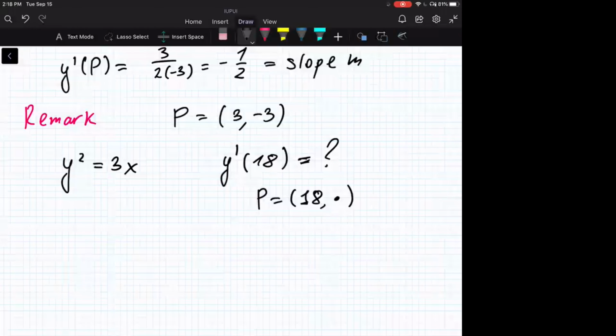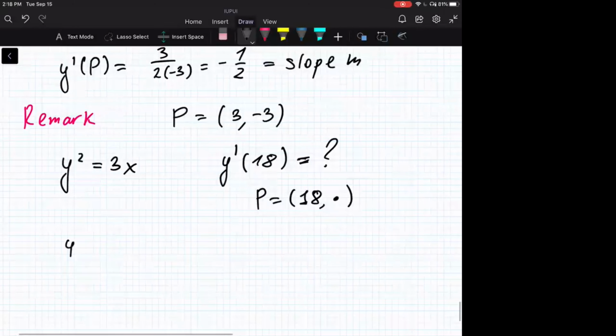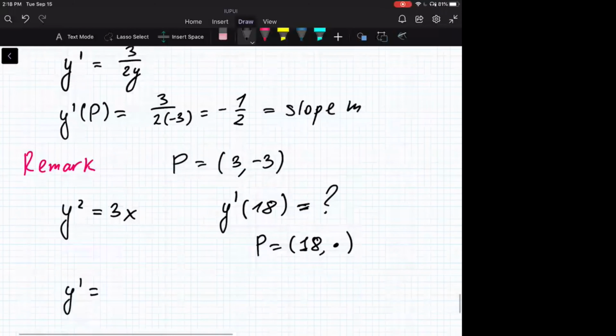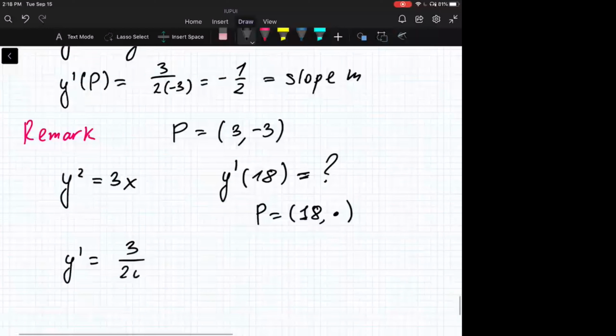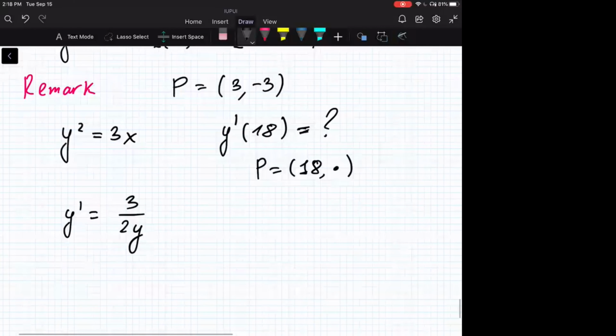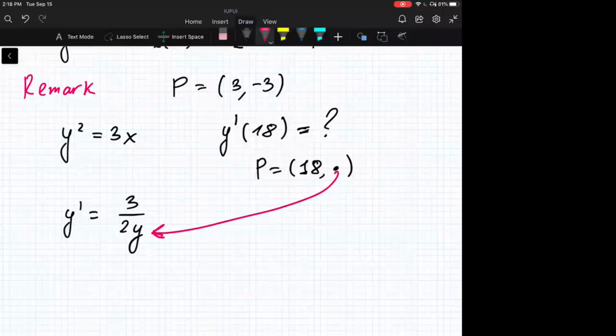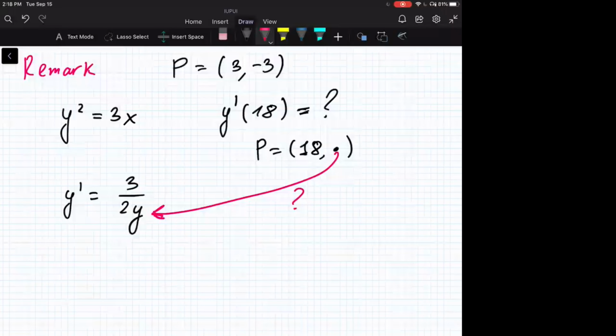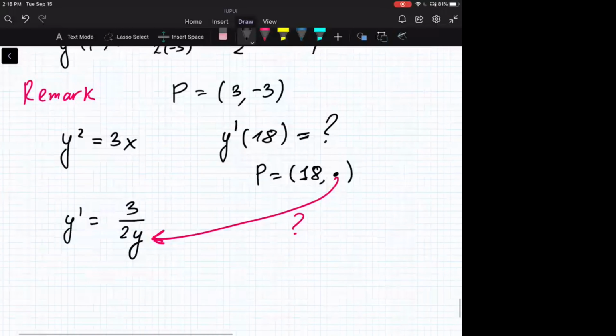So if you repeat the steps, you will get again that y prime is equal to 3 over 2y, but now you have a problem because you don't know the y coordinate, right? You don't know what to substitute here, right? And the way to solve such a problem is to come back to the original equation.